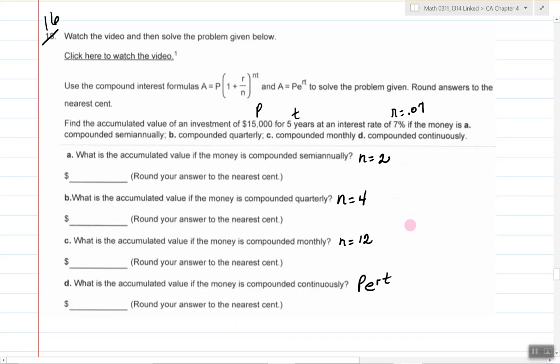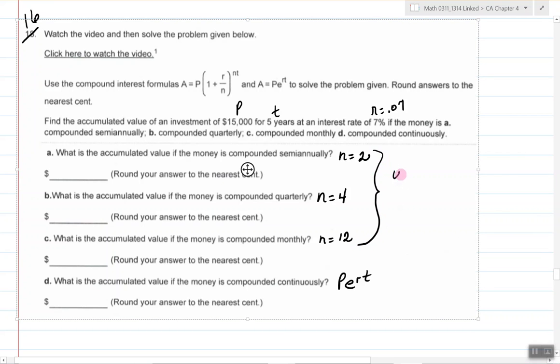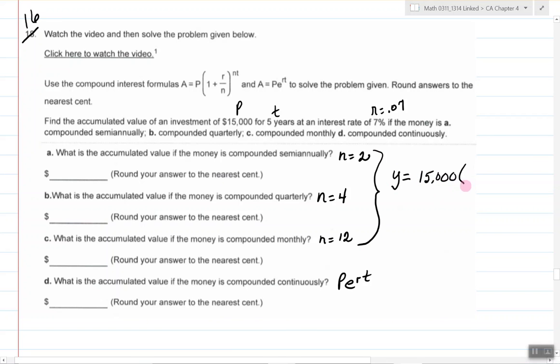Now you can do the formula for compound interest 3 times, or I'm going to show you something that might be considered a shortcut. You're looking for A. For these 3, you can define it as a function. Y is equal to, we know it is 15,000, open parentheses, 1 plus the interest rate 0.07 over what keeps changing?